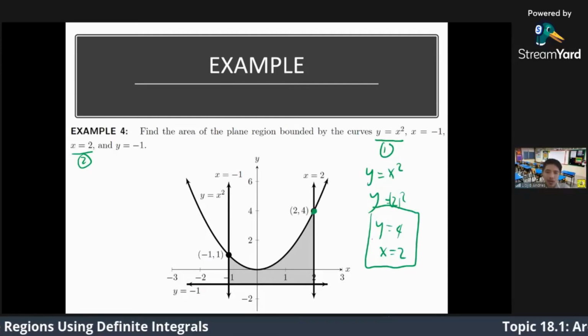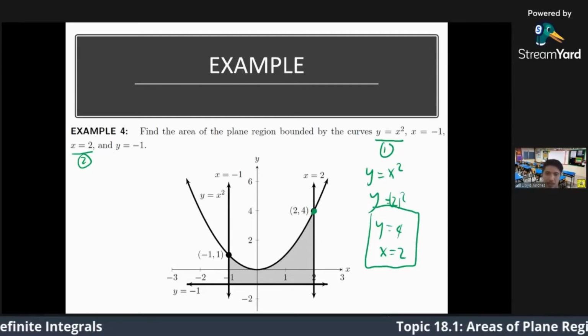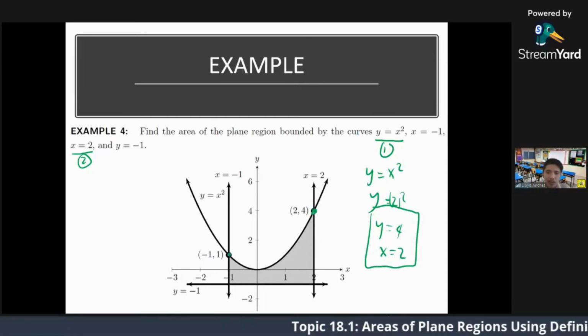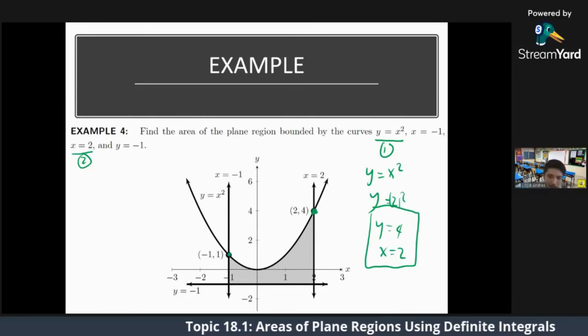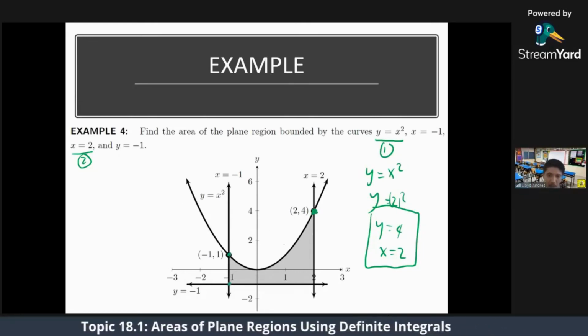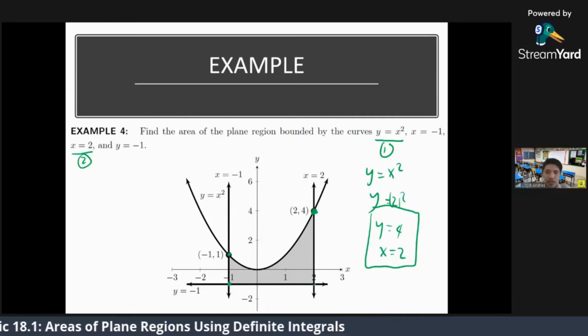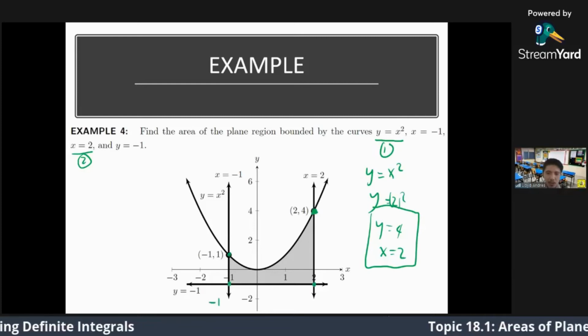So we have now obtained the sketch graph plus the intersection points. Here, the intersection points are clear. Here there is no need to solve since it is negative 1, and here it is positive 1.